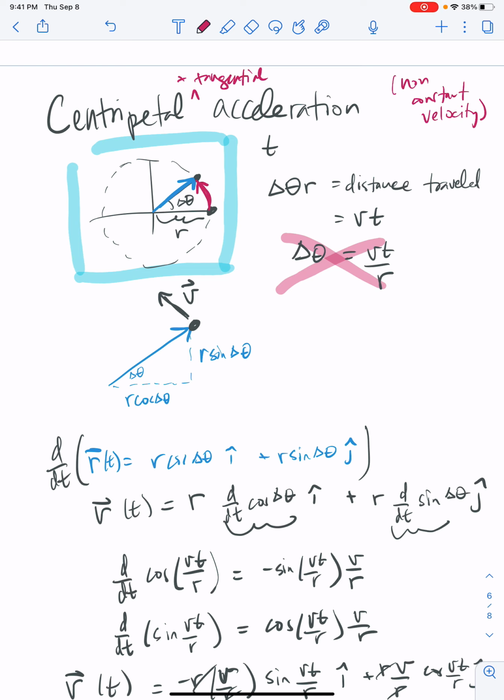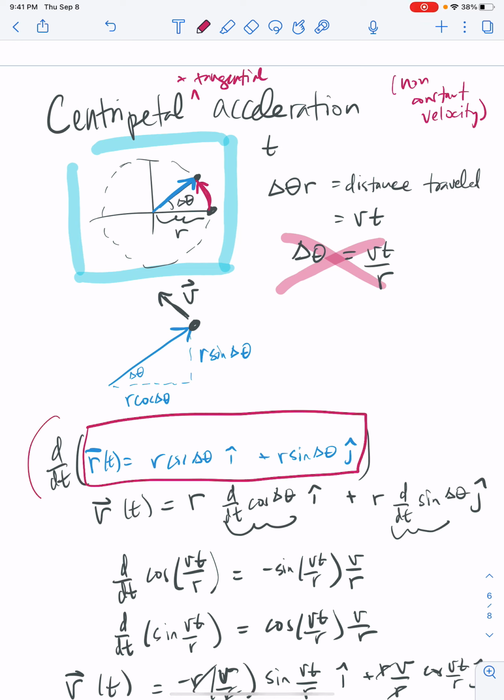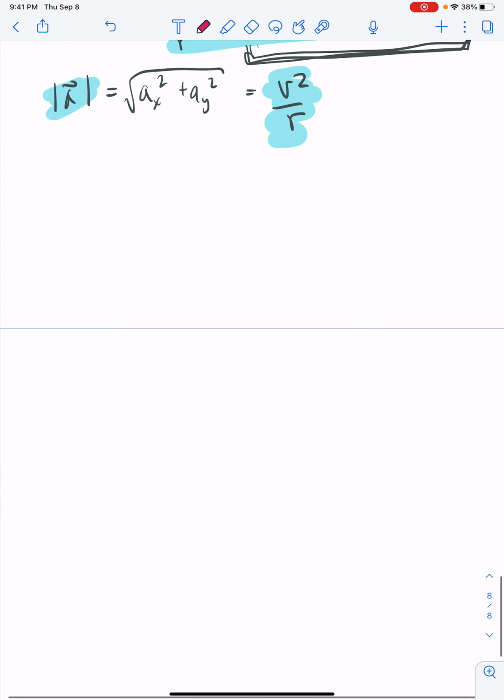And then our displacement vector in terms of delta theta is still correct, but the way that delta theta depends on time is different, and so then this time derivative is going to be different as well.